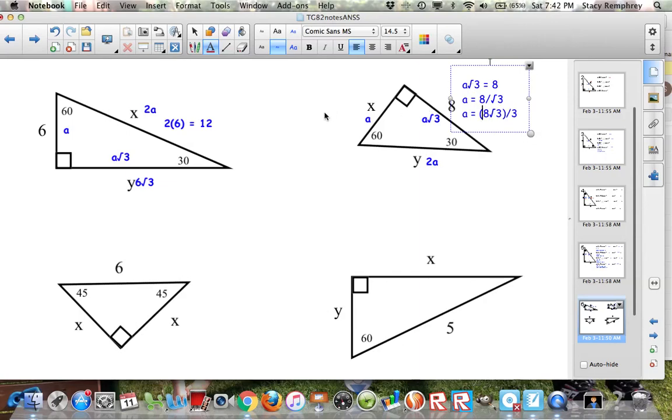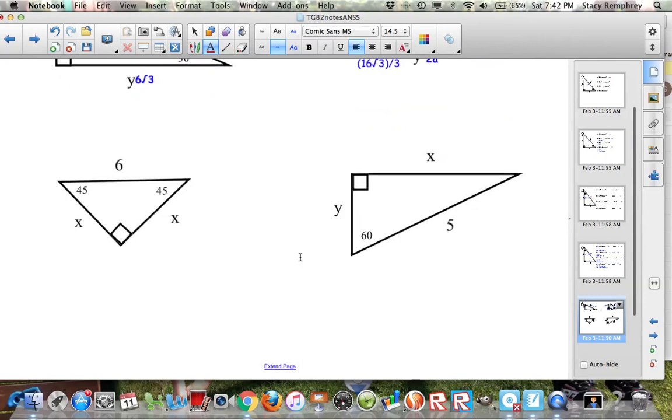Okay, so now I know what x is, and that means y is going to be double that. Now remember, the biggest mistake I usually see people make on this is they double the numerator and the denominator. 2 is the same as 2 over 1. You're only doubling the numerator. Okay, so there's my a.